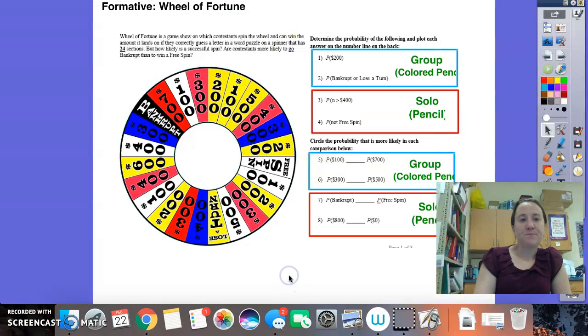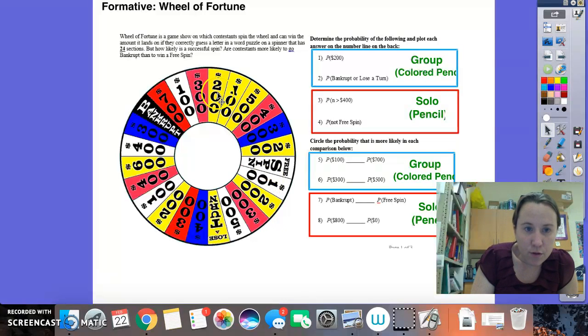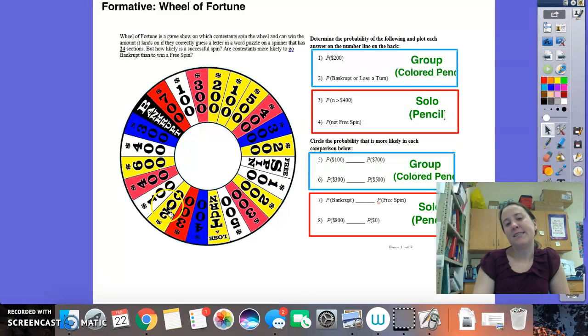If this wheel has 24 sections, and I look around and I see that there are 1, 2, 3, 4 places on that wheel that say $200, then the probability of spinning 200 would be a 4 out of 24. So this translates to about a 17% chance.